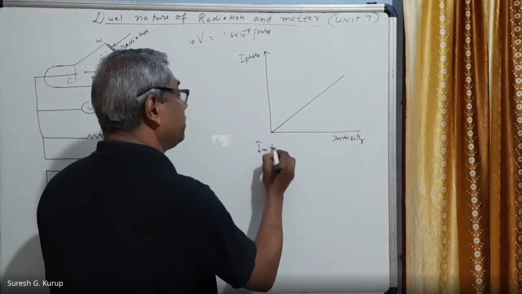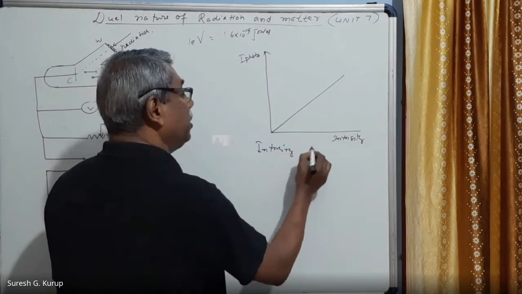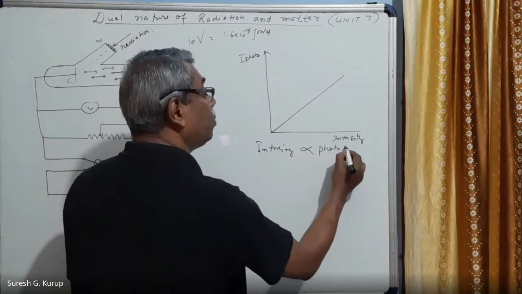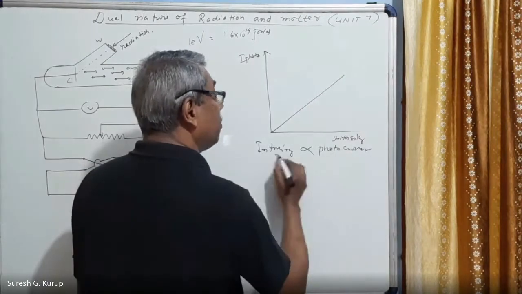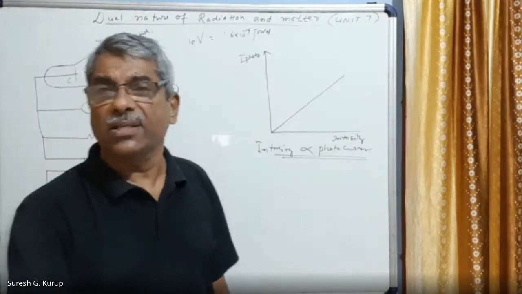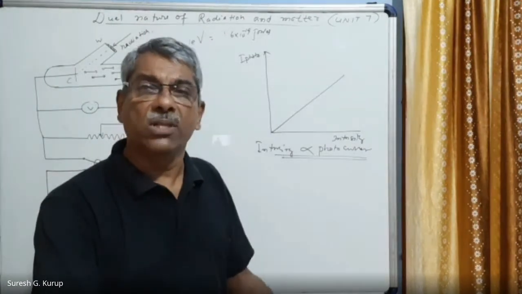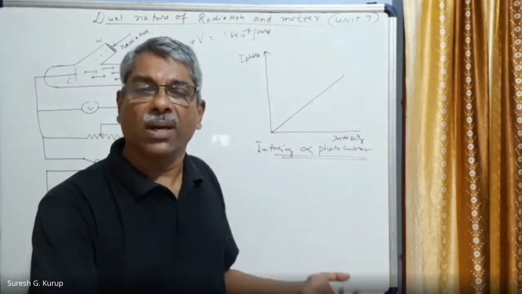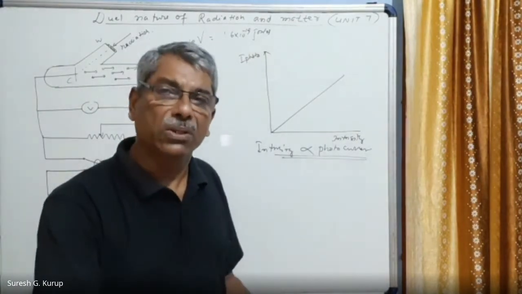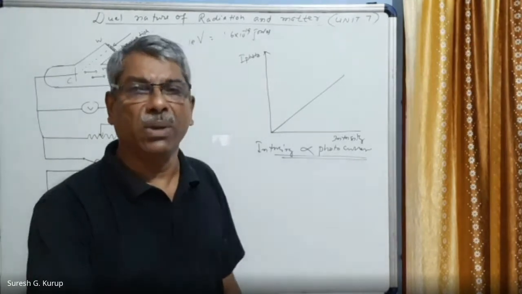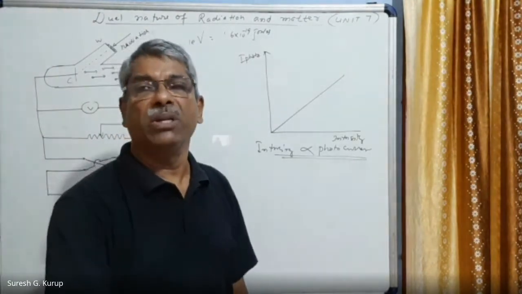Intensity is directly proportional to photoelectric current. Because when intensity increases, the number of electrons emitted by the cathode increases. So the photoelectric current in this case is increasing because when intensity increases, the number of photoelectrons coming out of the cathode material increases.